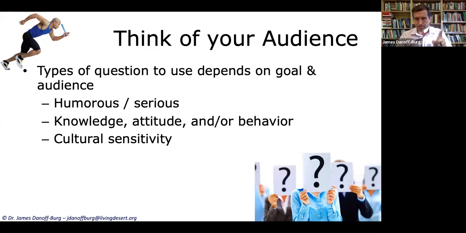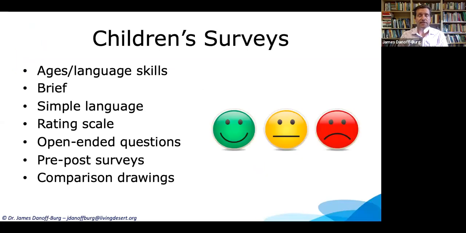So think about that. Think of your audience and what you need to be able to do to make certain that you understand your audience well. All right. So if you have a lot of education programs that you're focused on, and your organization is doing lots of surveys of children, children are a very different approach than adults.